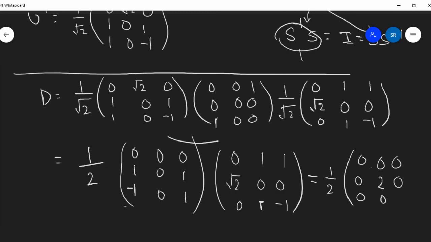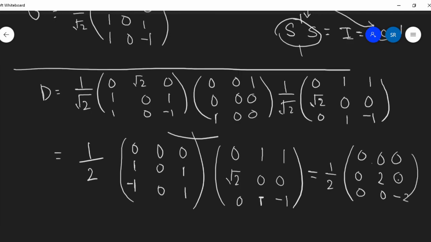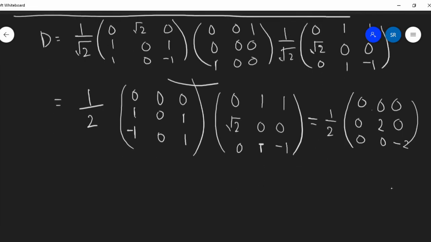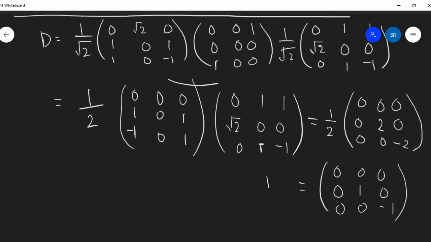This and this give us, shouldn't it be 2? Yes, it's -2. Amazing. Hence, this gives us 0, 0, 0, 0, 1, 0, 0, 0, -1. This is the diagonal.